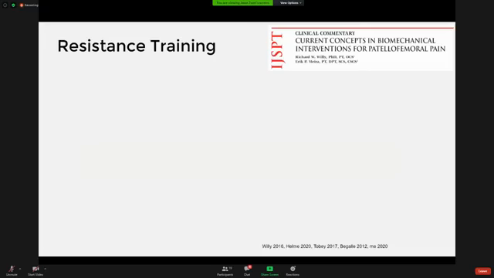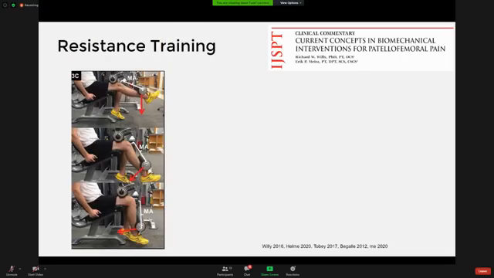So our resistance training, from a long-term standpoint, it should come as no surprise that strengthening the quads is the number one answer. Interestingly, it's not the first thing that we always do when it comes to treating patellofemoral pain, though, because while we do want to strengthen the quad early on, if we try to push the quad too hard, it's just going to continue to drive pain and symptoms in the knee itself.